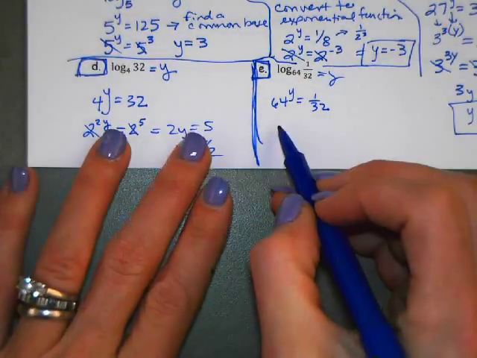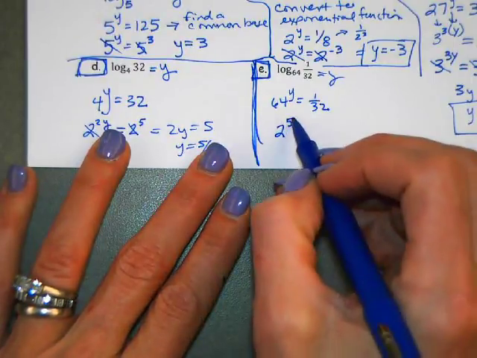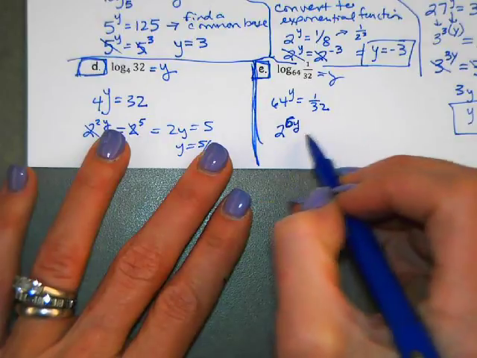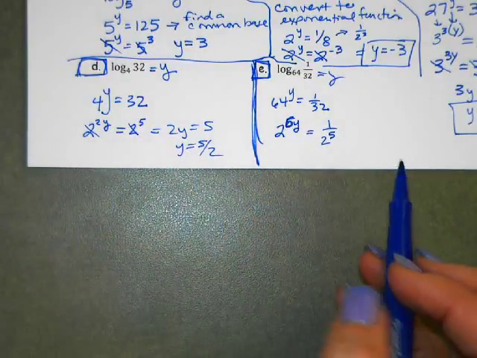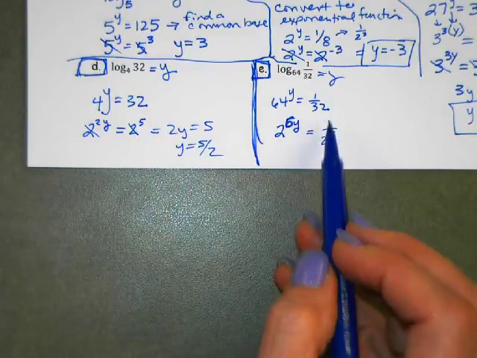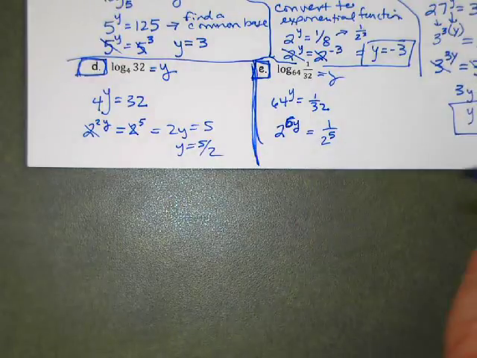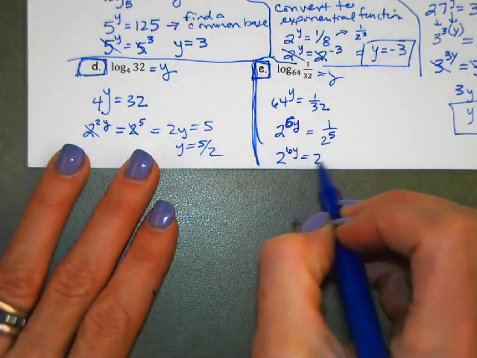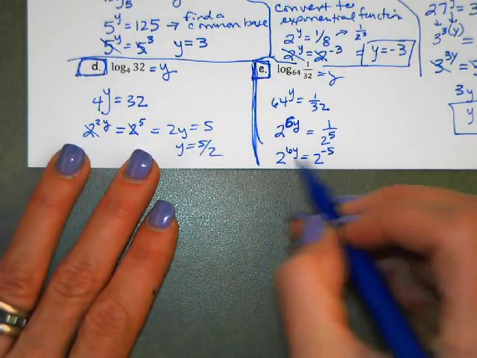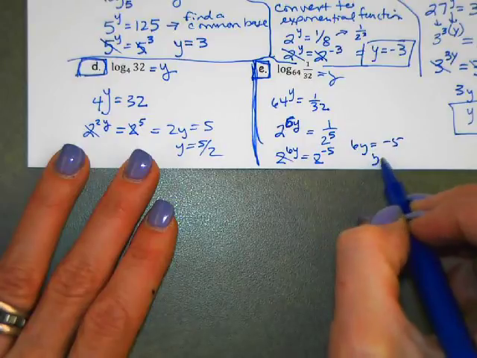So this becomes 2 to the 6y, and that's going to equal 1 over 2 to the 5th. Well, I need to have the 2 in the numerator to make it the same base, so by the rule of exponents, if you flip it, then you change the sign. So this becomes 2^(6y) = 2 to the negative 5th. So drop your bases, 6y = -5, y = -5/6.